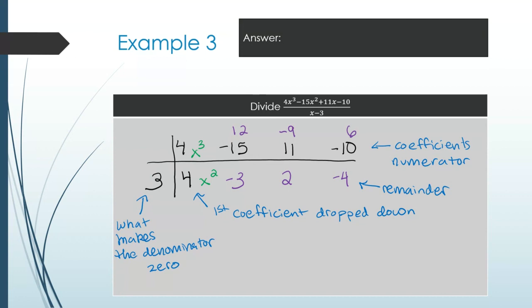So that's 4x squared minus 3x plus 2, and then a remainder. So my answer is going to be 4x squared minus 3x plus 2 minus 4 over x minus 3. So it's giving you the coefficients of your answer. And your answer is always going to be 1 degree less than what you started with. So if you started with something that was degree 3, you're going to end up with a degree 2.